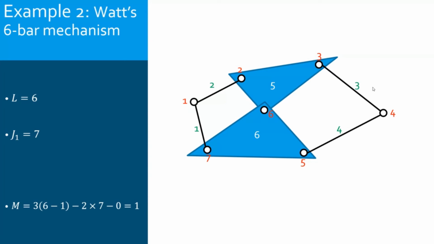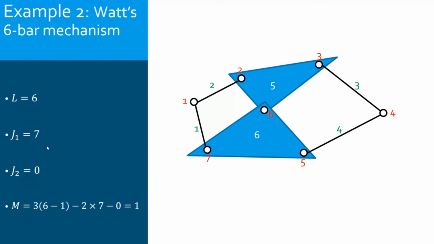It is a lower pair. It allows only 1 degree of freedom. So J1 is 7. And I have no higher pair here. I have no joint that allows 2 degrees of freedom. So J2 equals 0. Now, when I substitute into the equation, I will have 3 times (6 minus 1), minus 2 times 7, minus 0, and this will give 1.